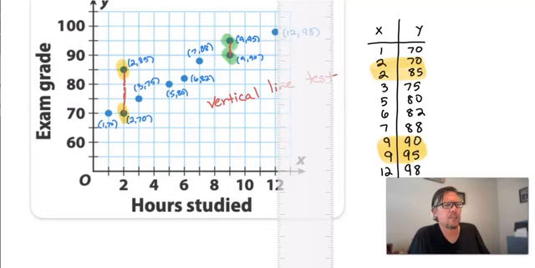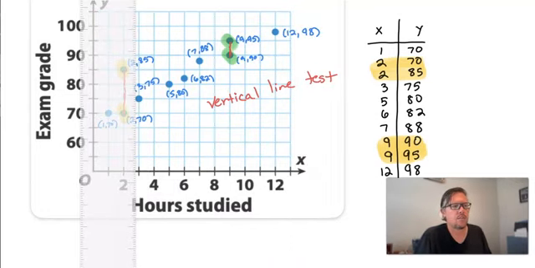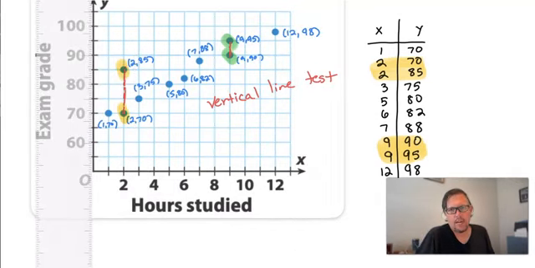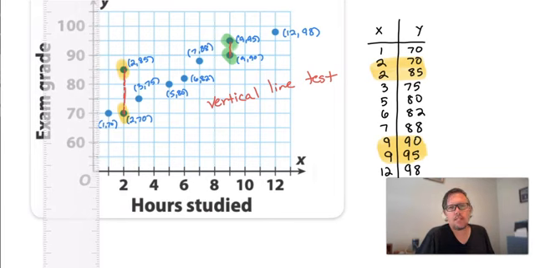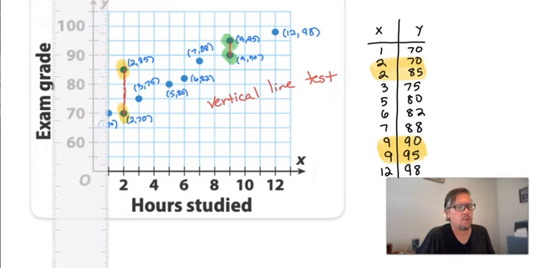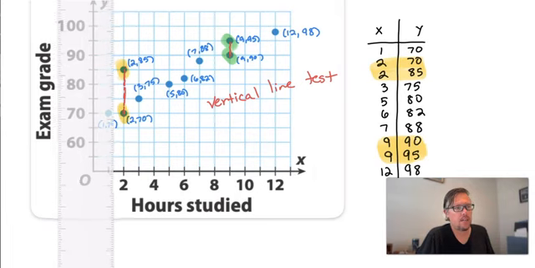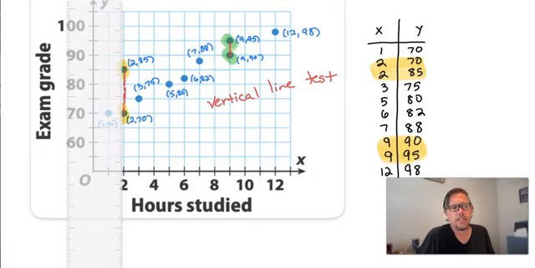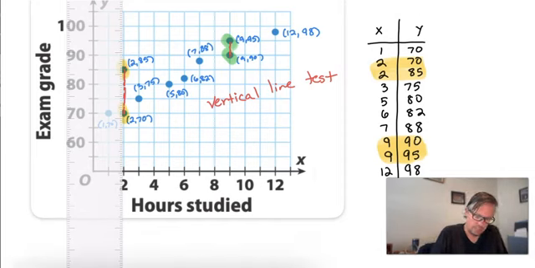And as we are moving the ruler across the graph, we ask ourselves, is there any point where it touches the graph more than one time? So we move here, boom, it's touching one point, that point at 1, that's fine. But when we go here, now it's touching the graph at 2 points. I can stop right there. It's not a function because it fails the vertical line test.